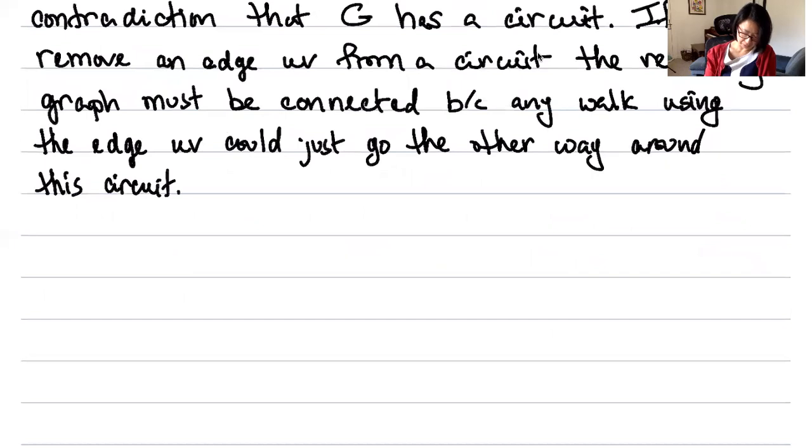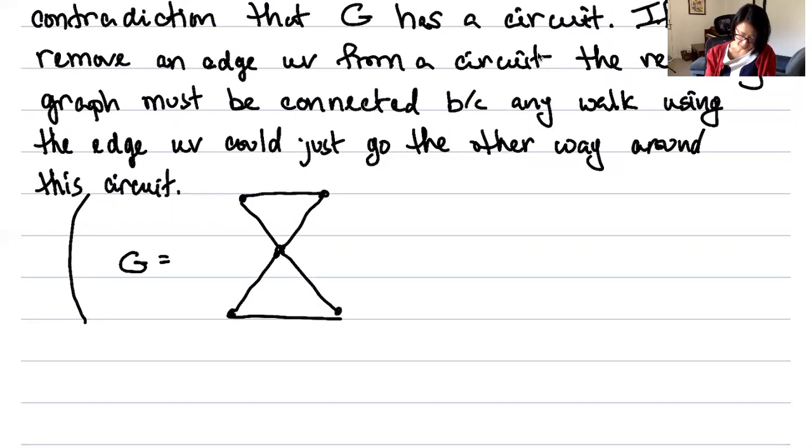Okay, so for example, and this is another sort of in parentheses kind of proof. For example, suppose I had a graph, maybe the graph looks like this hourglass, and this is my edge UV. If I take this edge out and I have a walk between two vertices that uses that edge, like suppose I were walking from U to, I don't know, this vertex W over here.